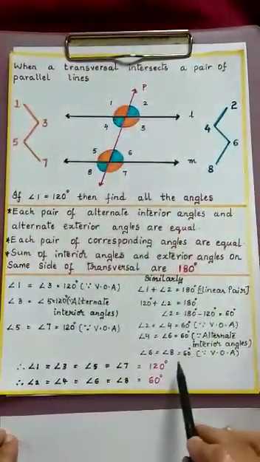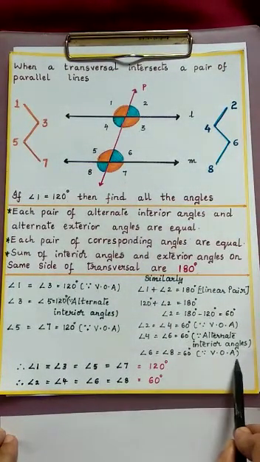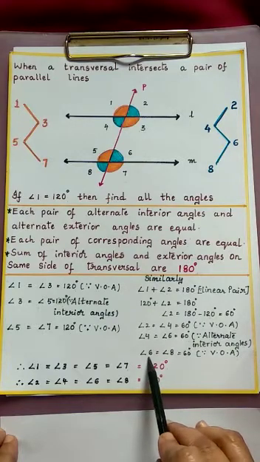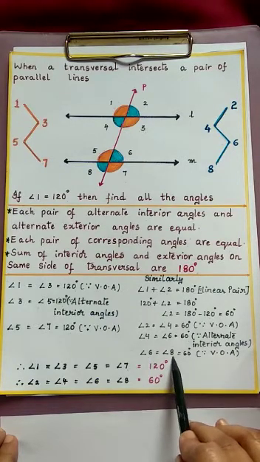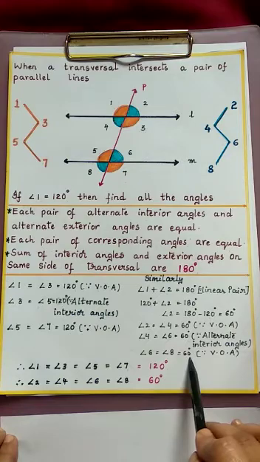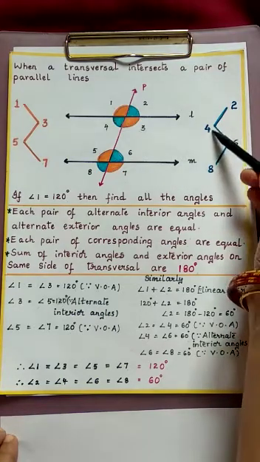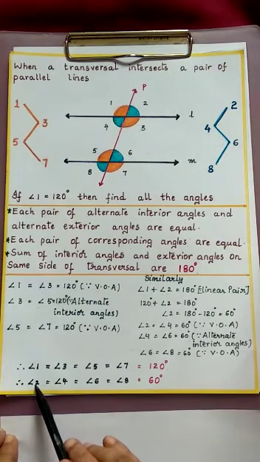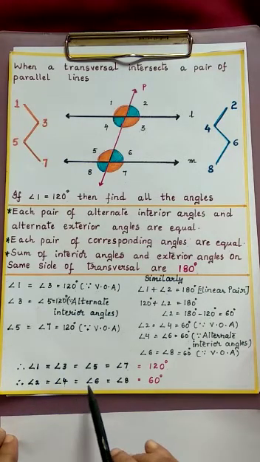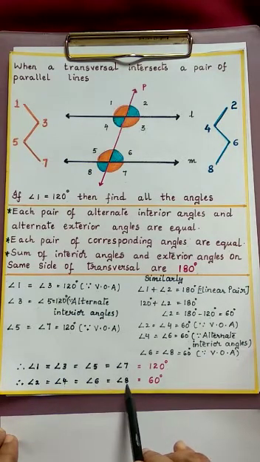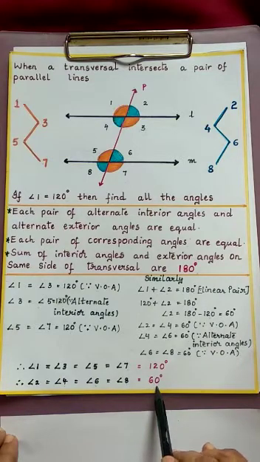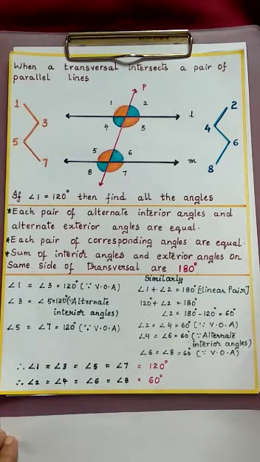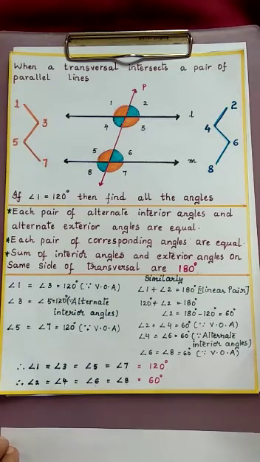What kind of angles? Vertically opposite angles. Since they are equal, you equate. Angle 6 is equal to angle 8, equal to 60 degrees. Now you see here, angle 2, angle 4, angle 6, angle 8 we got equal. So angle 2 is equal to angle 4, equal to angle 6, equal to angle 8, equal to 60 degrees.